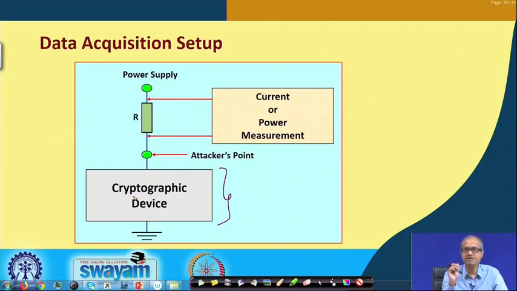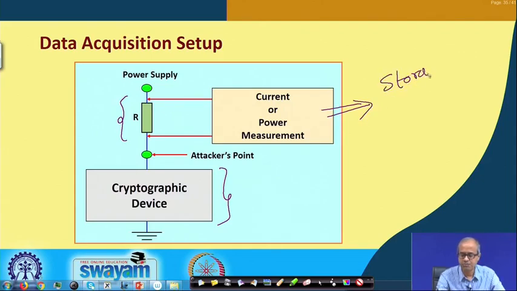So, the only thing you have to do is have access to that point from where the power is being drawn, and connect a very small resistance in series to that, connect a probe across it, and use a storage oscilloscope to store the sample values.